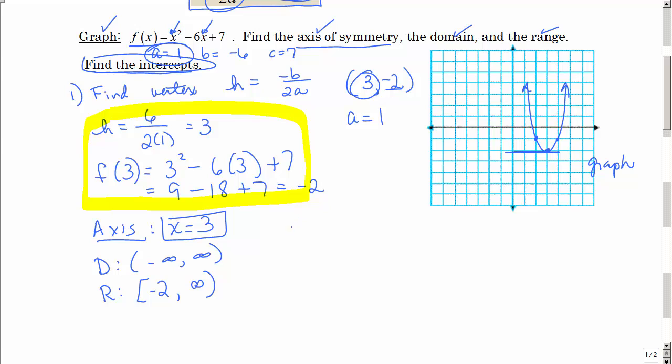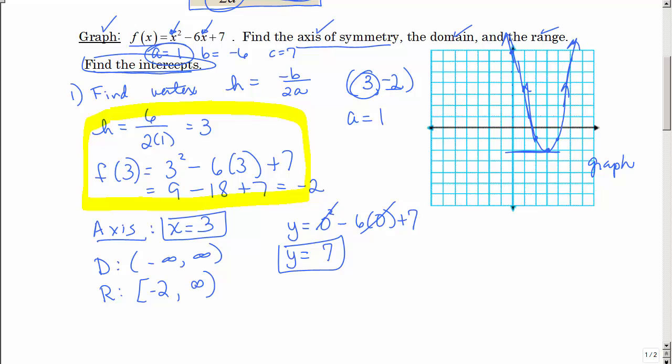So we're going to let x equal 0: y equals 0 squared minus 6 times 0 plus 7. Remember, you let x equal 0. This is really easy math. So if I had bigger graph paper, that would actually come way up there.